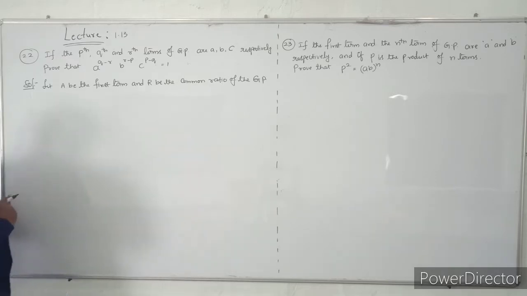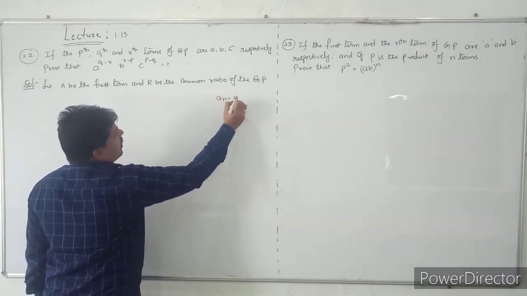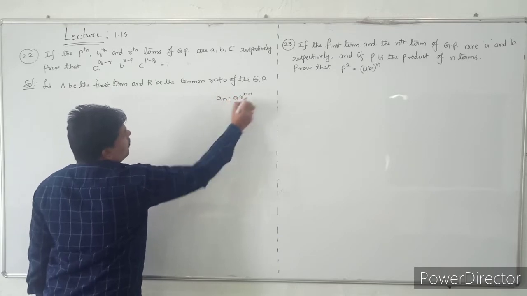So here we already know the formula for an. What is an? an is equal to a into r power n minus 1.